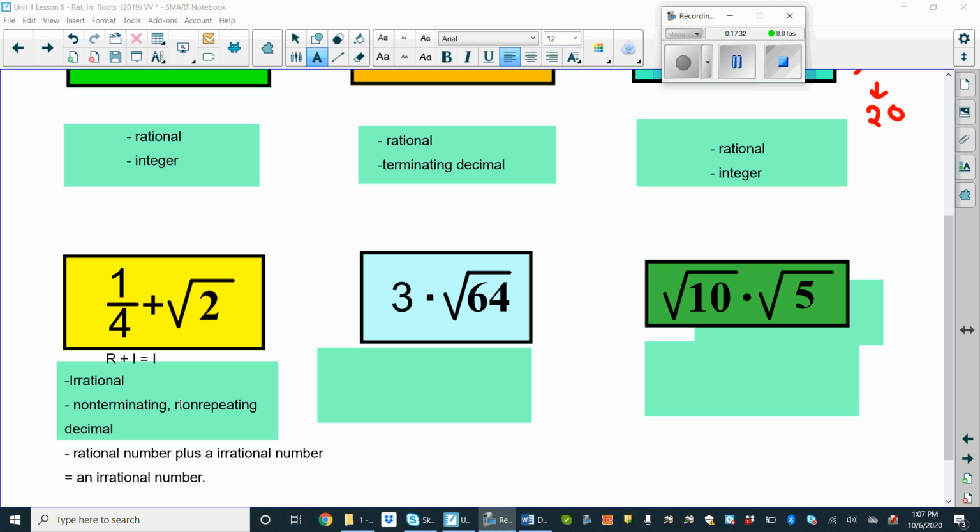Okay, so there we see that this answer is going to be irrational because it's a non-terminating, non-repeating decimal.